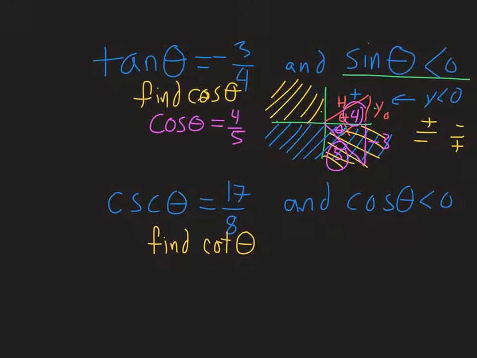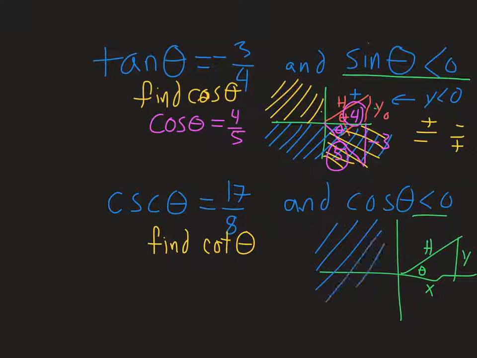All right, looking at the second one of these, same thing. I'm going to start off with my triangle. We've got an idea that cosine is the adjacent divided by the hypotenuse, and for this to be negative, because that's what less than means, that means that we have a negative x value. So cosine is going to start us off being negative on the left half of my graph.